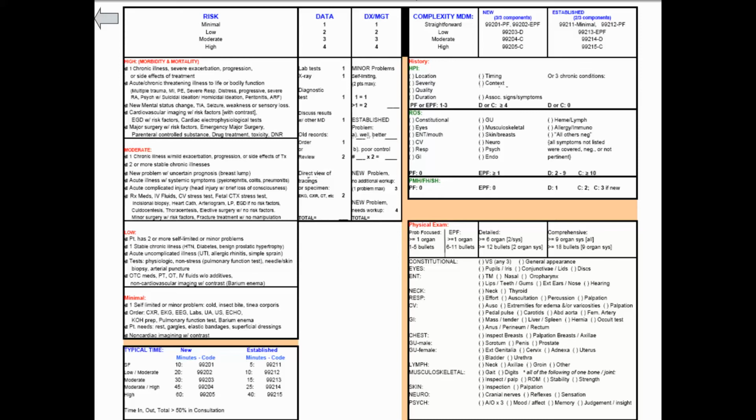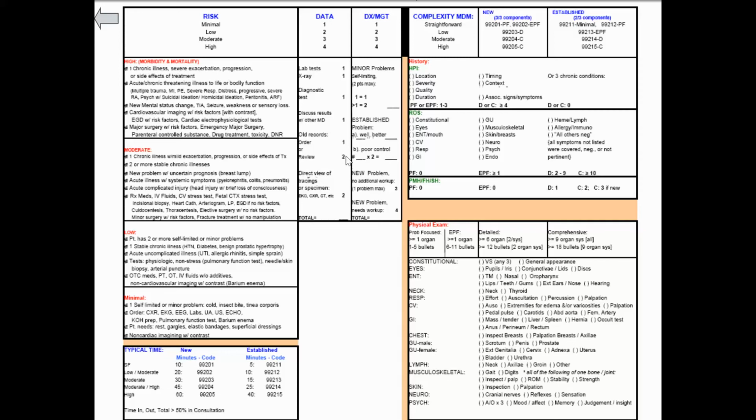So Grandma Jones is transferring into your practice and she's coming up here from another state, and Granny comes in and says, nice to meet you, here are my old records. And you go, wow, thanks, Granny. And you look at them. And if you take the time in your office visit to look at Granny's old records right then and there, you get yourself 2 points.